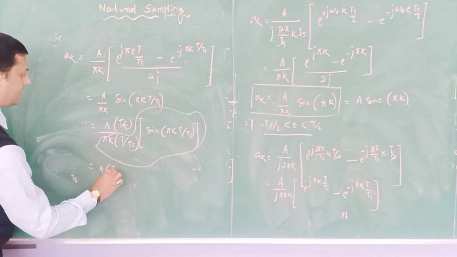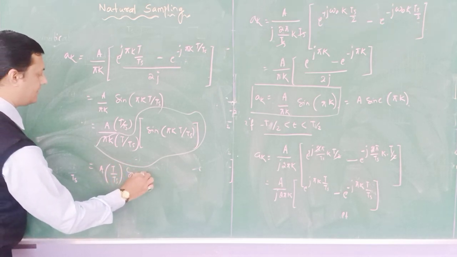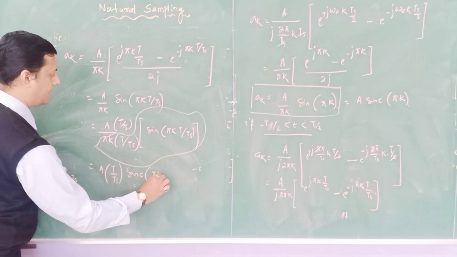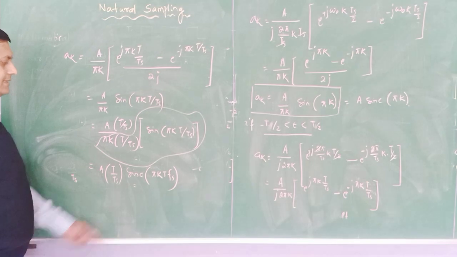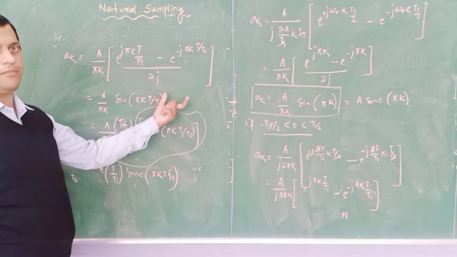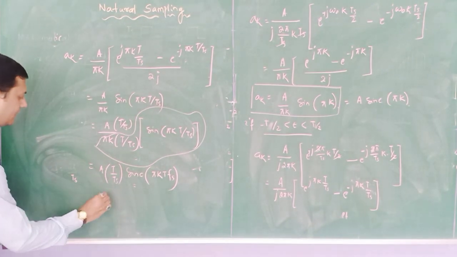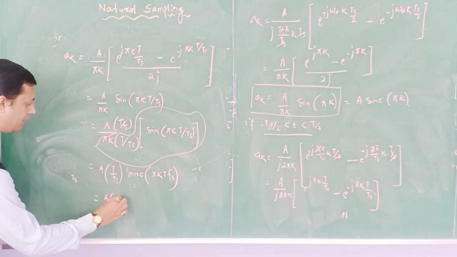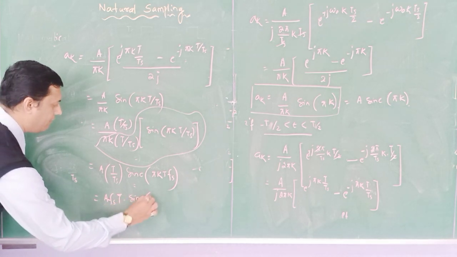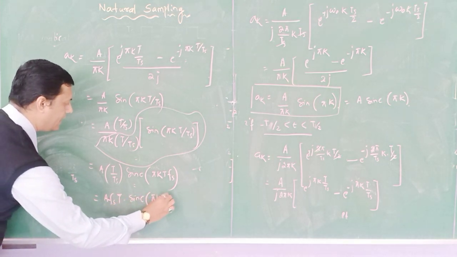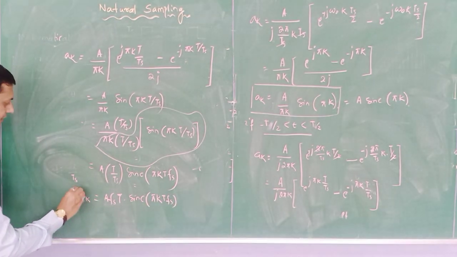So it is A T by Ts, it is sinc of pi k T into Fs, like this I can write. This Ts I have to move up, so it becomes Fs. So here also I can write A into Fs into capital T sinc of pi k T into Fs. This is my constant coefficient.